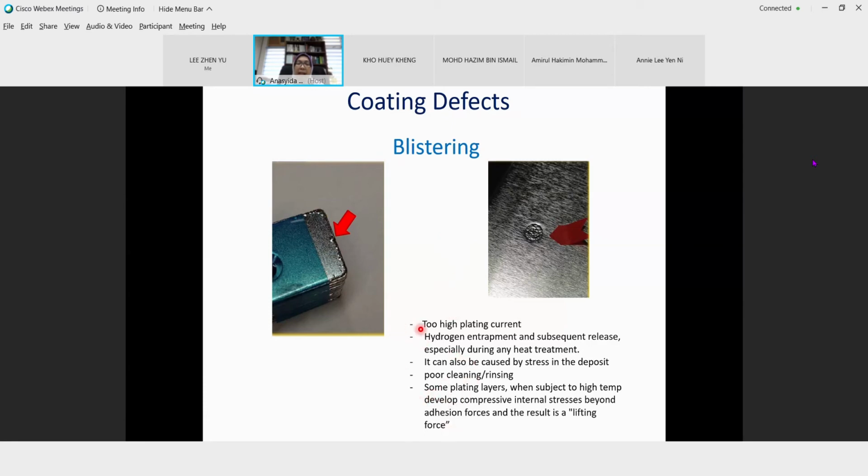Either you have a high plating current, or it's actually entrapment of hydrogen gas, or you can also have poor adhesion, meaning that you did not clean the part properly. He also mentions that when subjected to high temperature, they will develop a compressive stress, and this will lift the coating. So there are many factors that can lead to blistering.